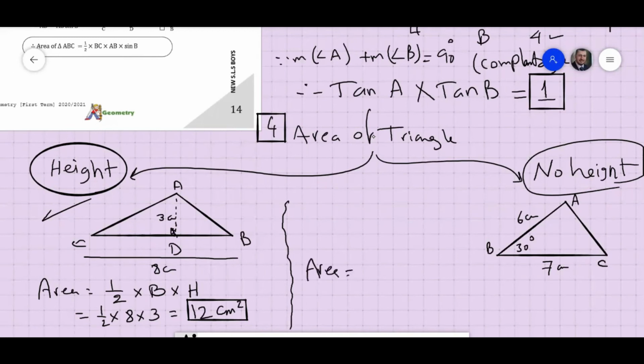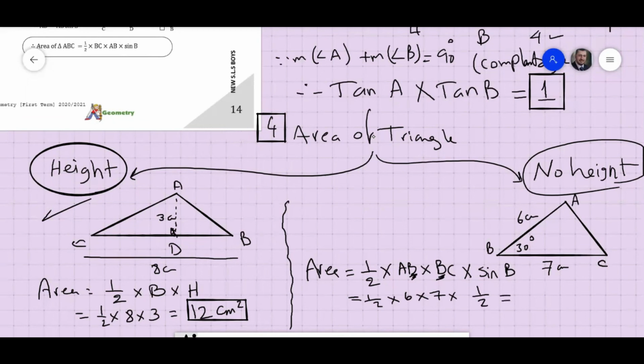To get the area of this triangle, it will be half times the product of the two sides which are given, AB times BC, times sine the angle which is included between them, which is sine angle B. So how do we get the area of the triangle? It will be half, AB 6 centimeters and BC 7 centimeters, and sine B means sine 30 equals half.